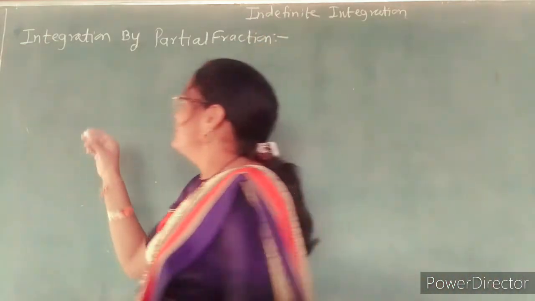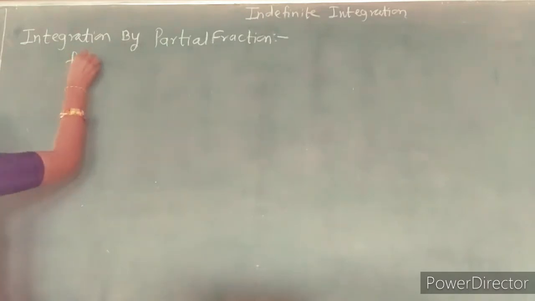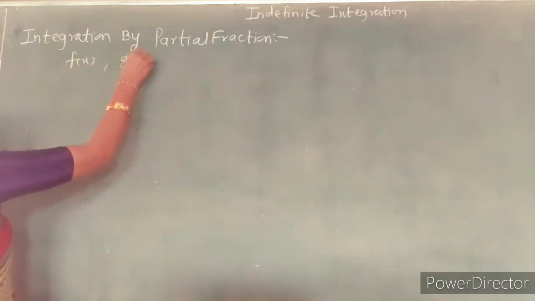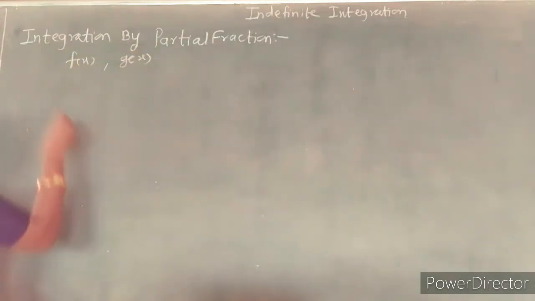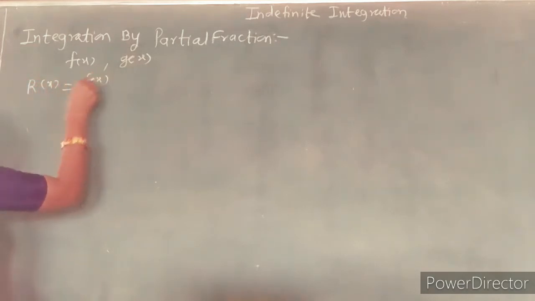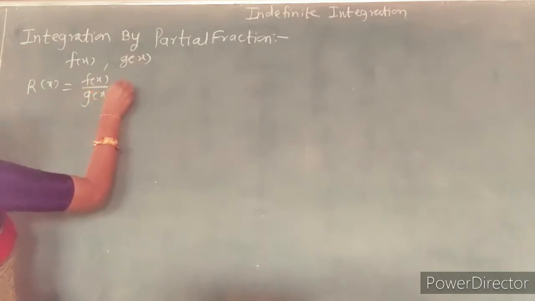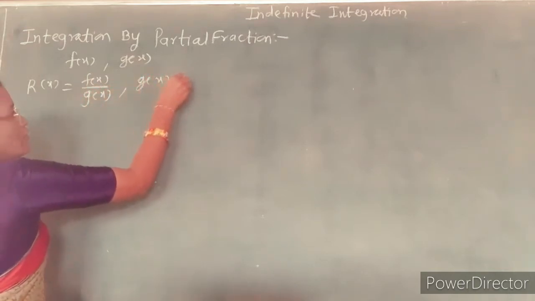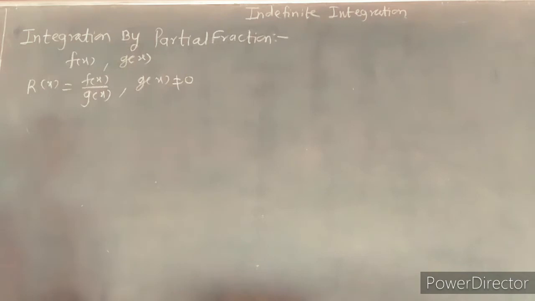You know that if f(x) and g(x) are any two non-zero polynomials, then the rational function R(x) is equal to f(x) upon g(x), provided that g(x) is not equal to 0.